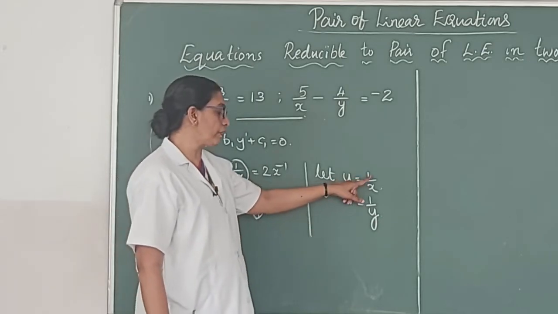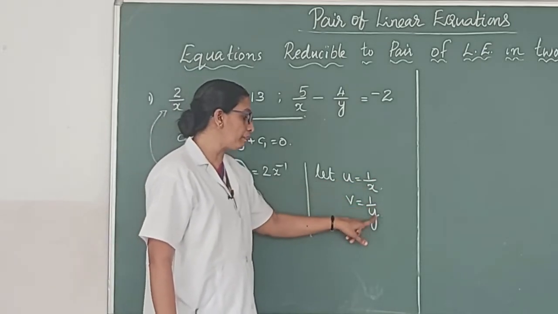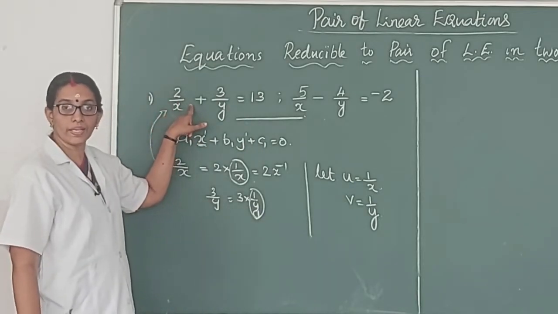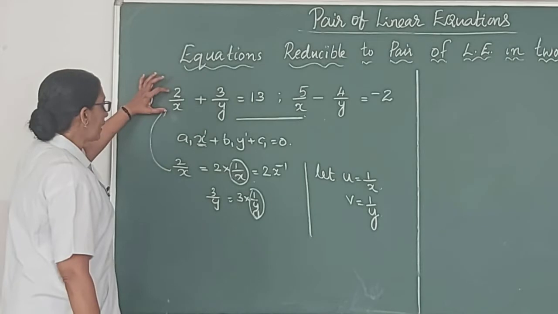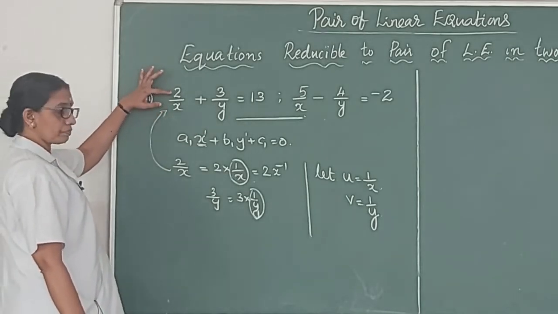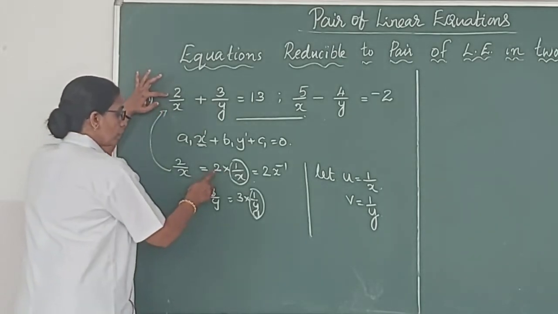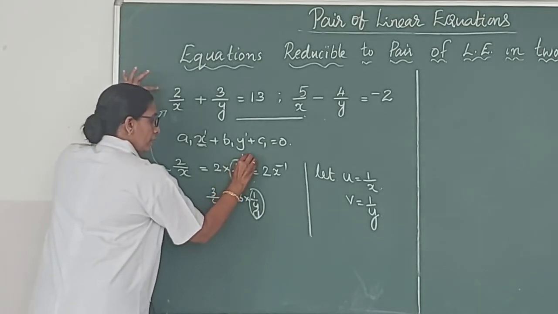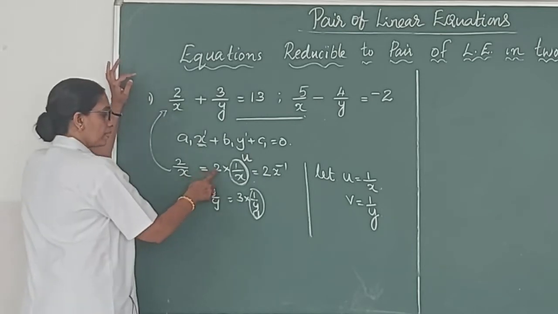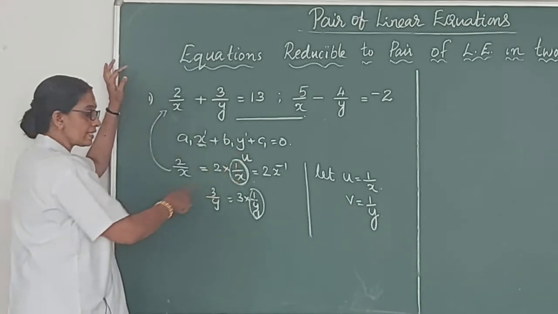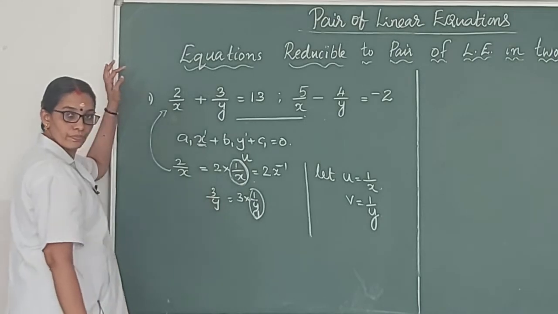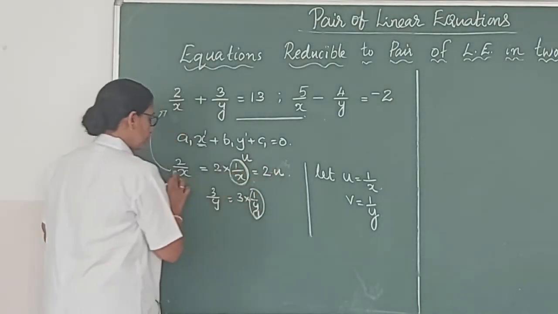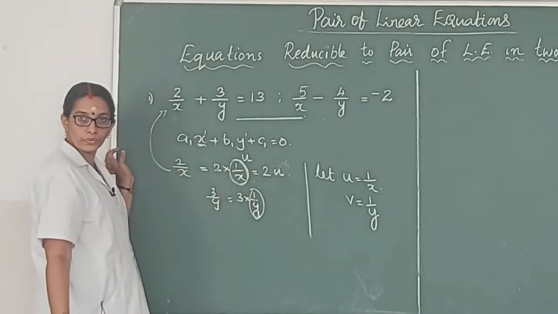Now we can rewrite the equation. We can write 2 by x as 2 into 1 by x. For this 1 by x we can give u, so it becomes 2u. So 2 by x can be written as 2u.